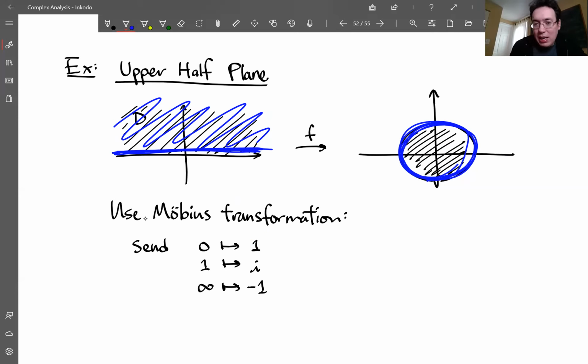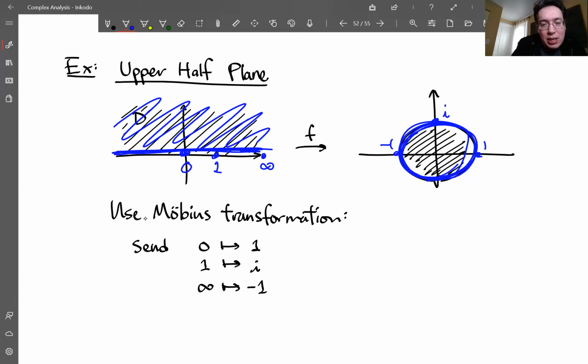We could do that by picking 3 points on the boundary. So let's say the origin, 1, and infinity on this real line. We're going to map those to 1, i, and -1 on the boundary of the unit disk that we want.